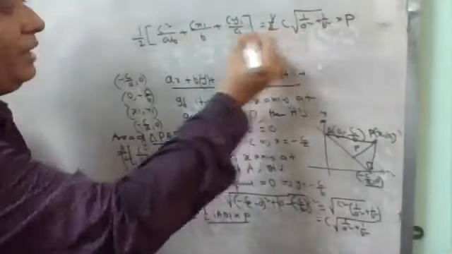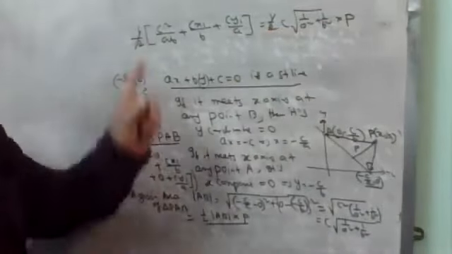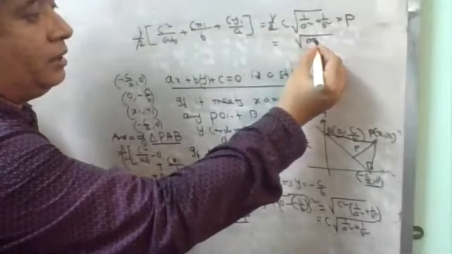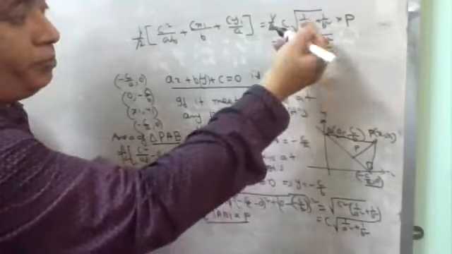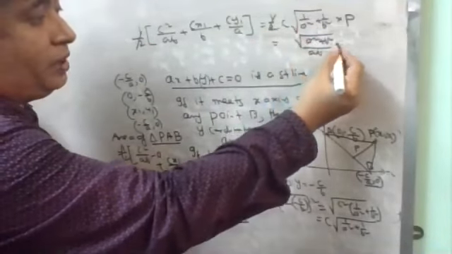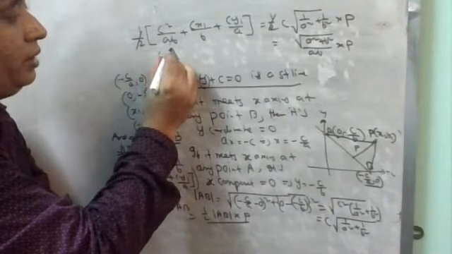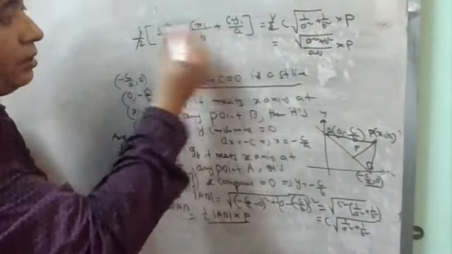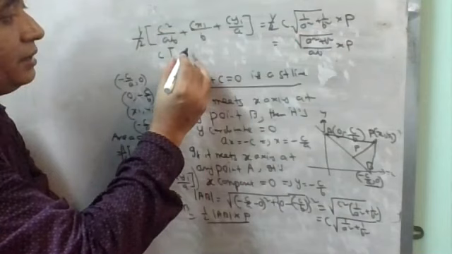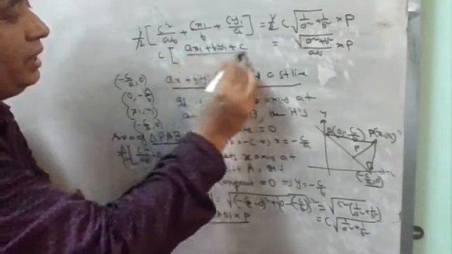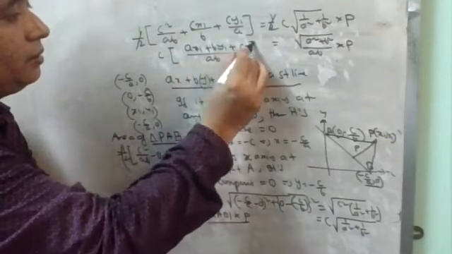So half will get cancelled, and here you can take the LCM, bring AB out of the root, and take c common. You will get a x1 plus b y1 plus c by AB.